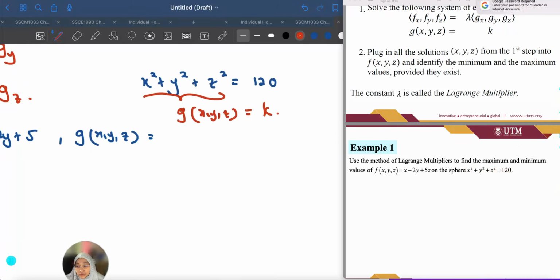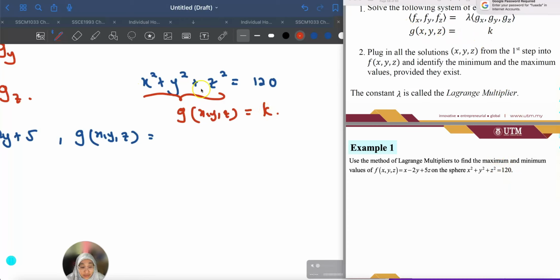When I draw using these apps, whatever I wrote on my iPad doesn't appear. Alright, so from the function, this one is a constraint, so it's written like this. In general, the constraint is written in this form: g is equal to constant k, which is 120, and the function here is g.